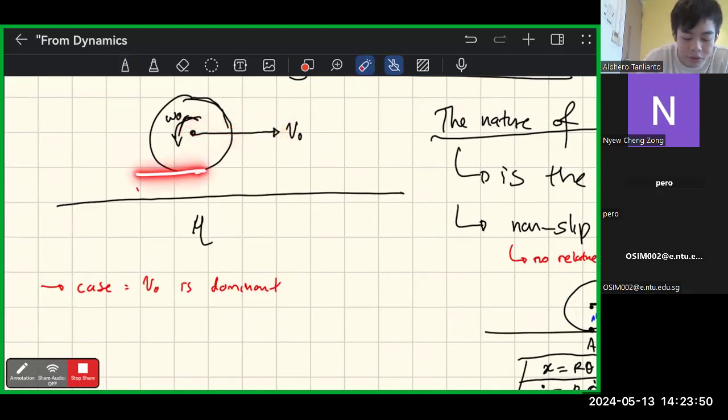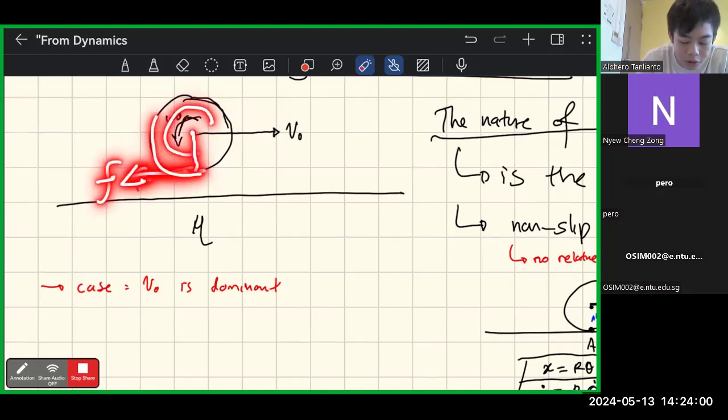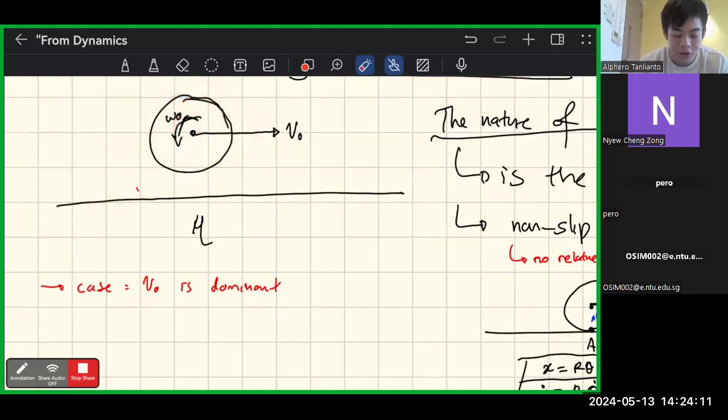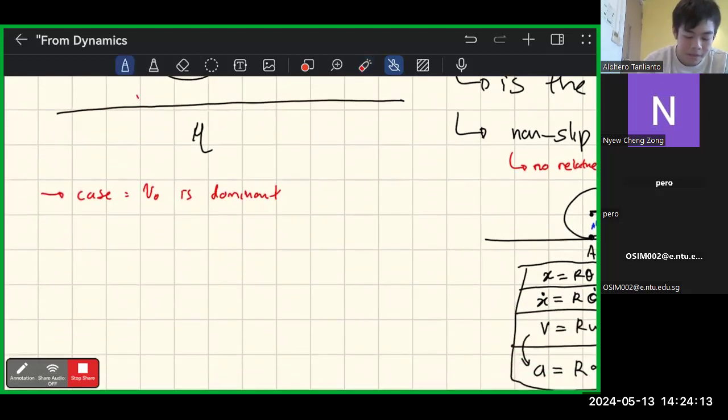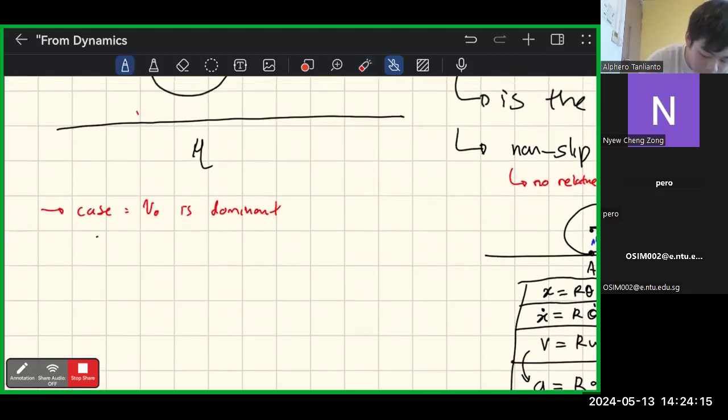If it counteracts V naught, F here will become a moment that will rotate this motion from going anti-clockwise to a clockwise condition eventually. So because V naught is dominant, the free body diagram is going to be like this.